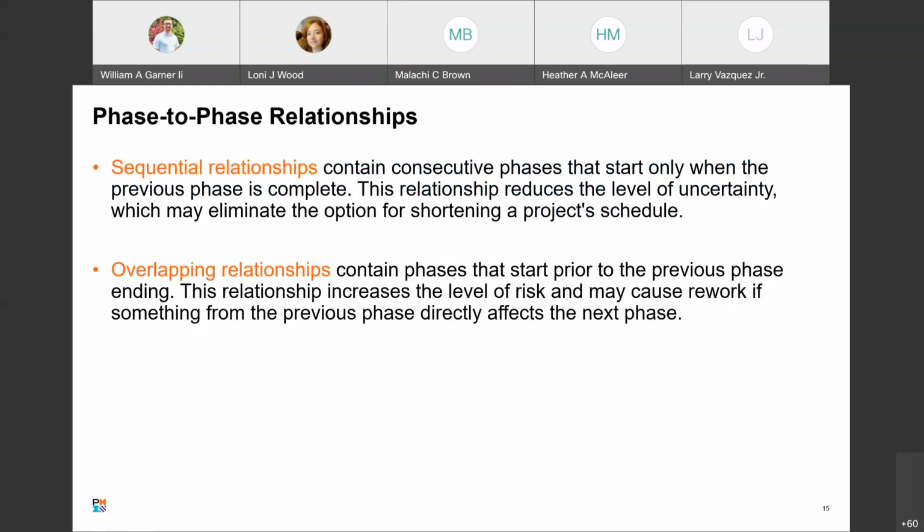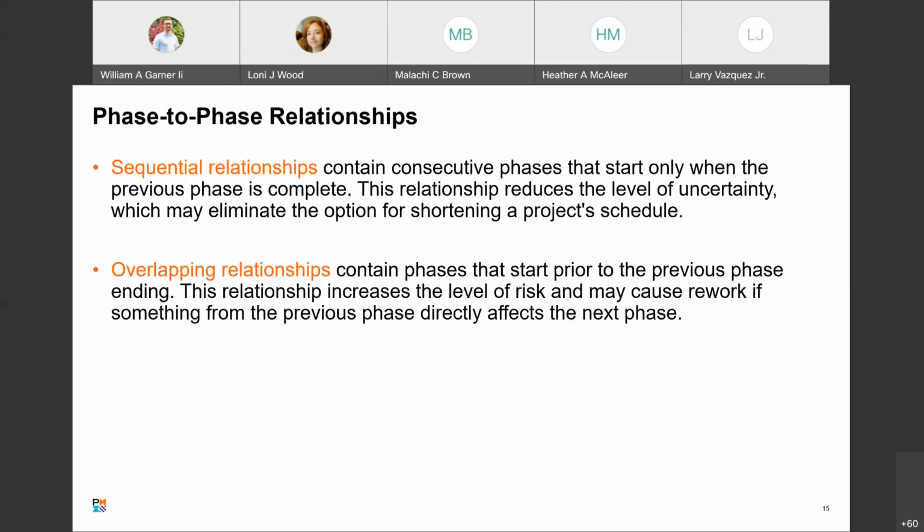You can't start one until you finish the other. But I've seen questions that ask for both. So from the perspective of a phase, it is a sequential relationship. From the perspective of an activity, of a task, it's finish-to-start. So that's something I've tried to clarify in my mind as I'm working through this.